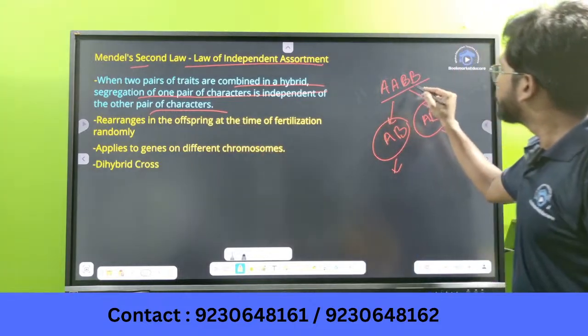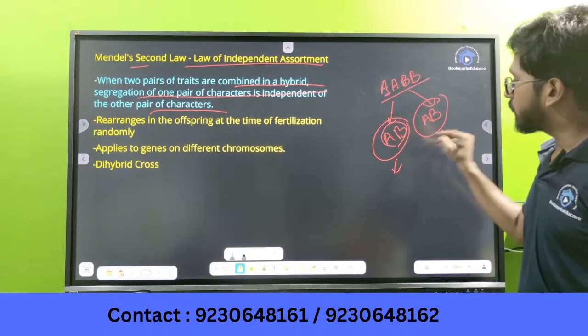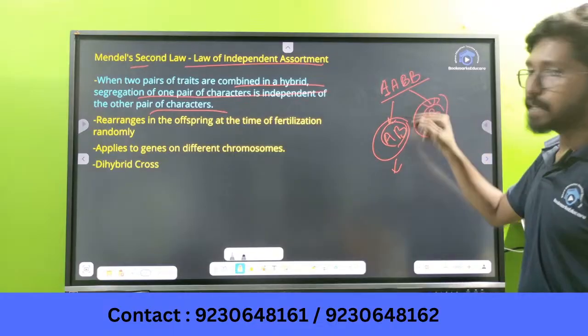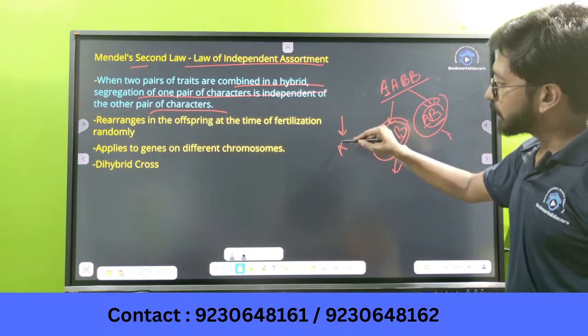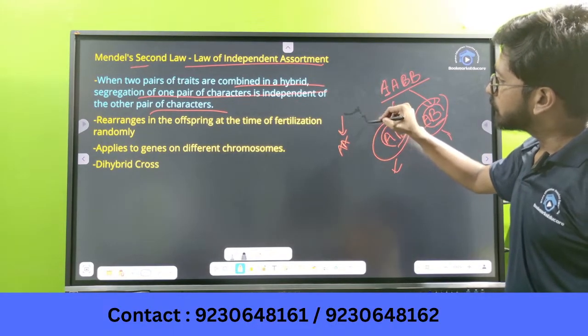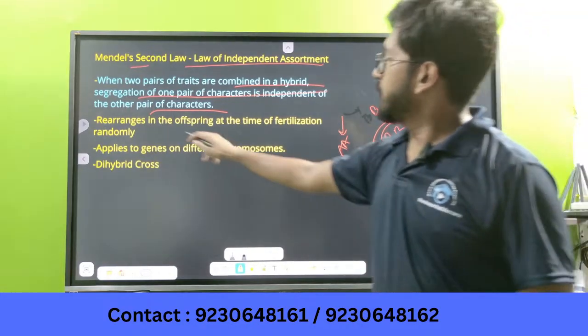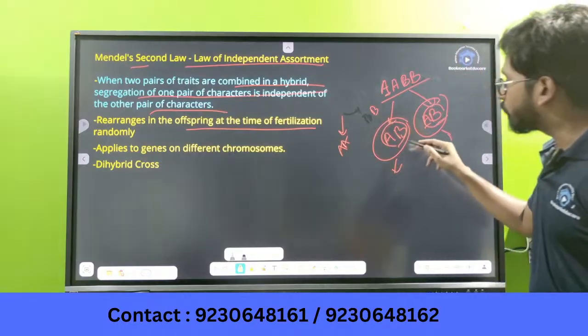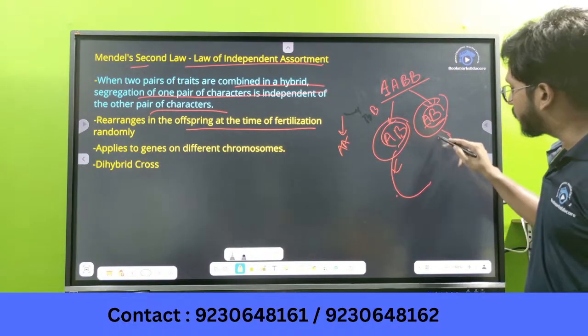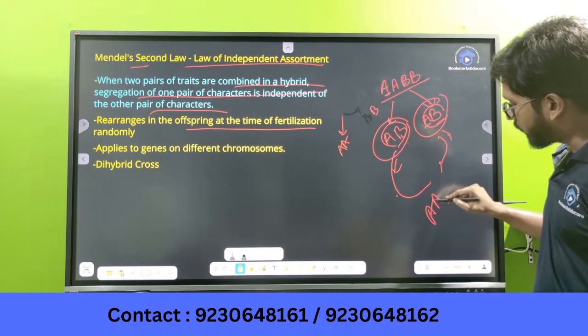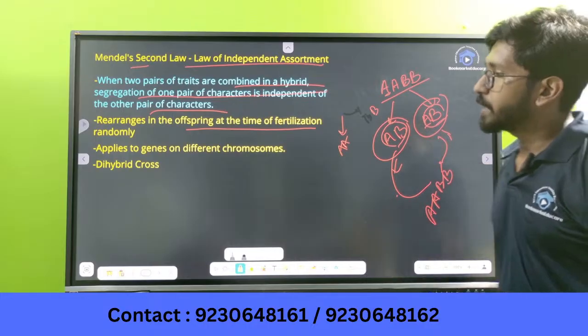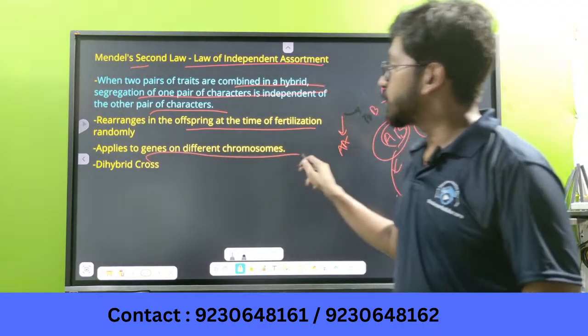See, B and A, they separated, B and A, they separated. It didn't happen that I am getting AA and then I am getting BB. That doesn't happen. Then it rearranges in the offspring. Obviously, if I cross pollinate between them, you will again get AA, BB, right? And this applies to genes on different chromosomes.